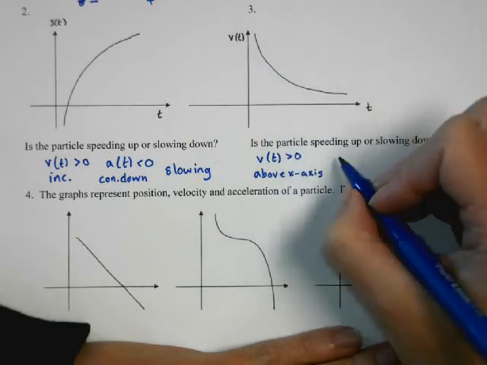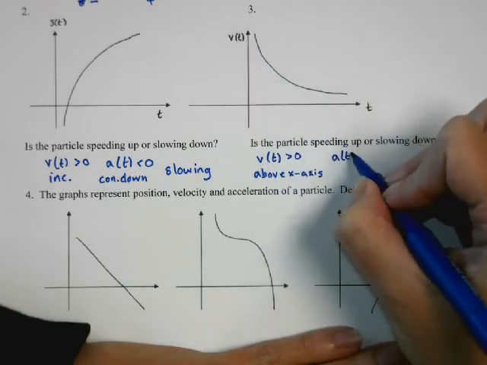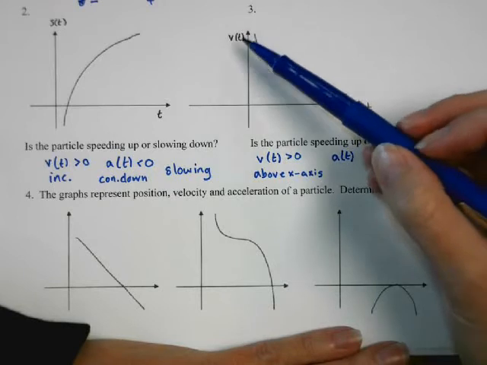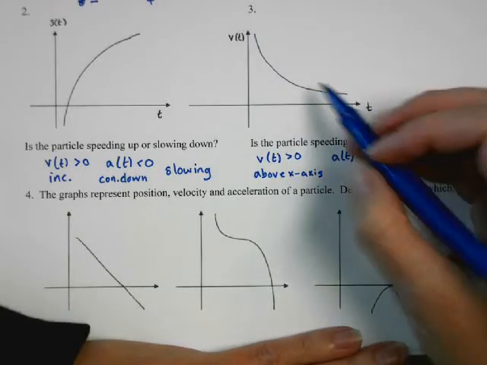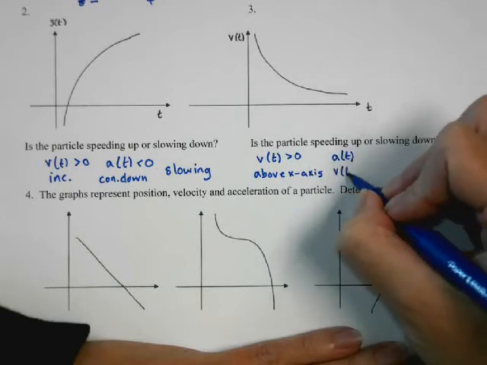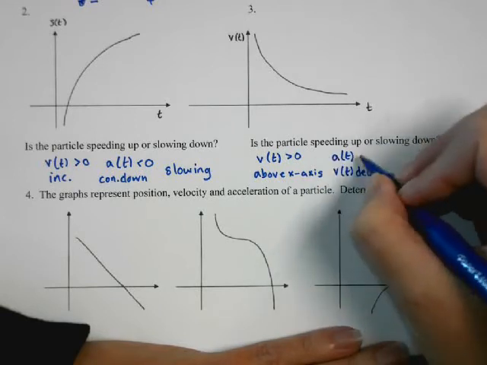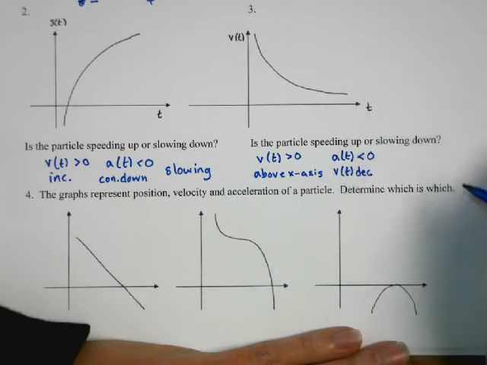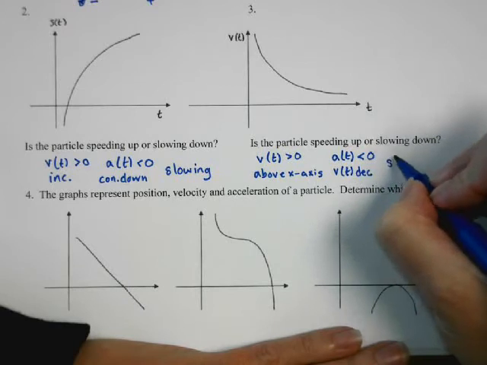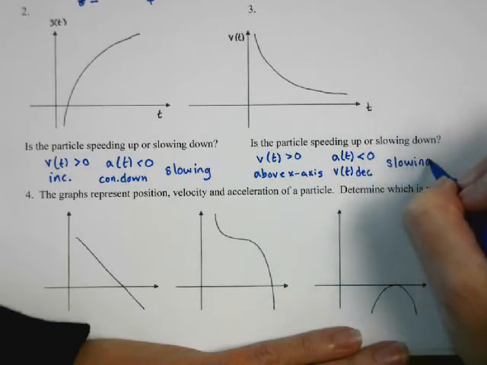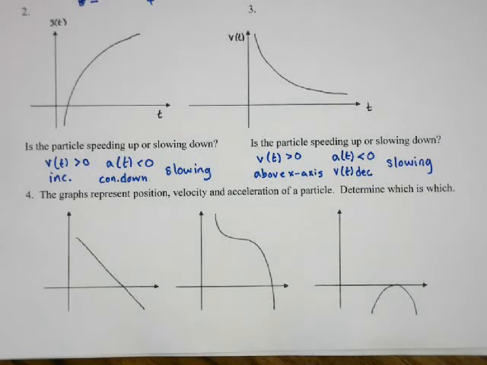For acceleration, in this case, we have the graph of velocity. Acceleration would be this one's derivative. So because this one is decreasing, the acceleration is negative. Velocity is positive, acceleration is negative, which means this one is also slowing. Like I said, we're going to spend a lot of time, not next unit, but the unit after that, dealing with the relationship between graphs and all of this stuff.